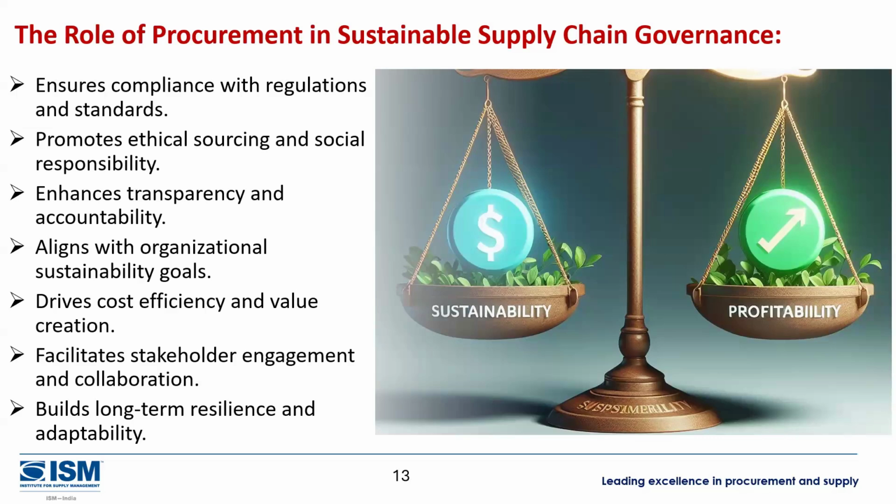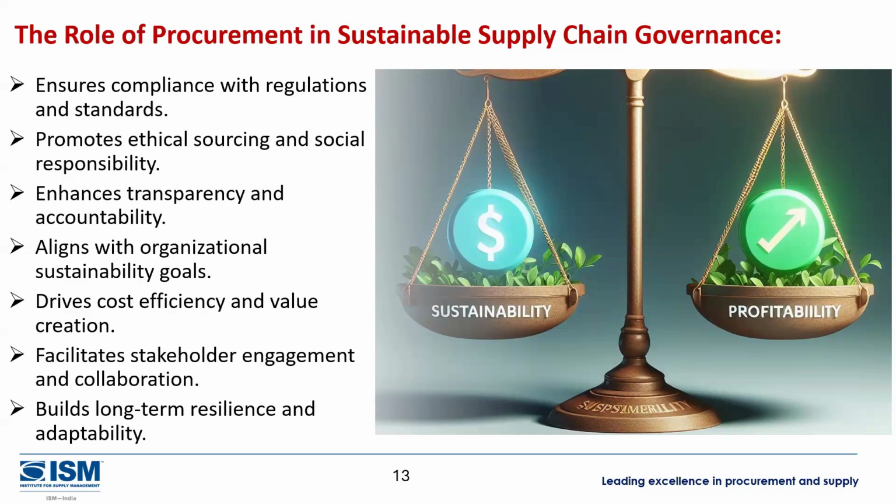We as procurement associates, procurement individuals, procurement professionals, we have to make sure we ensure compliance with the regulations and standards, promote ethical sourcing and social responsibility, align with organizational sustainability goals, drive cost efficiency, facilitate employment, collaboration, and build long-term resilience and adaptability.